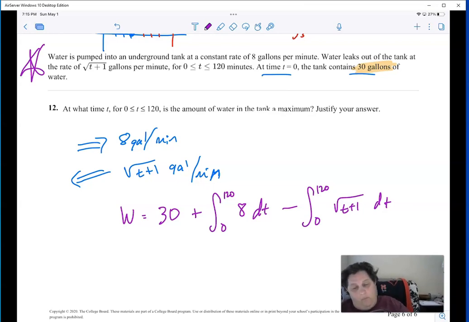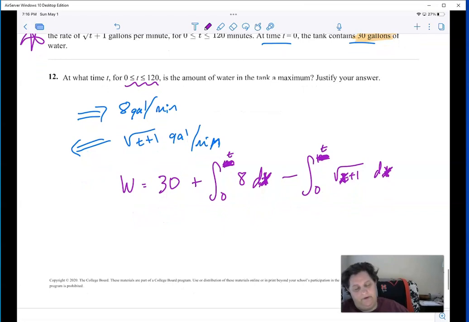All right, now I can figure that out. At what time is the amount of water in the tank at maximum? For right now, I'll use x's or something. It's not a huge deal. So there's my equation.